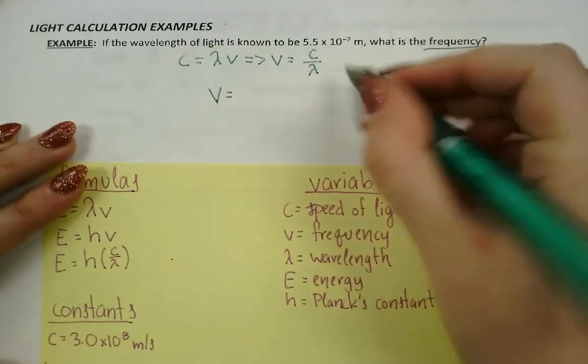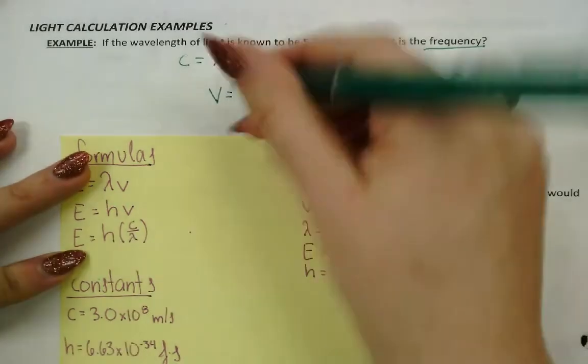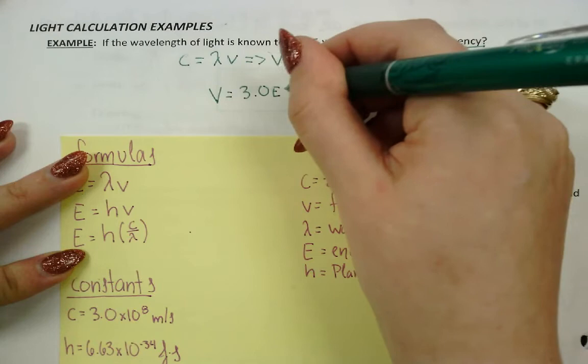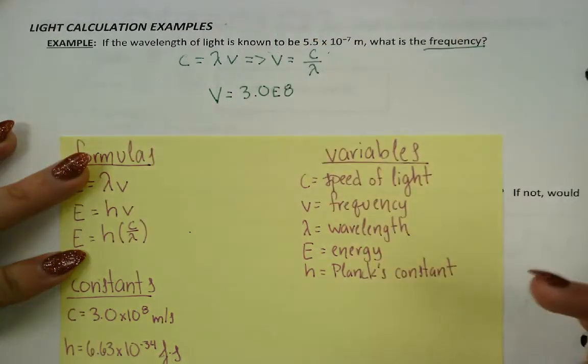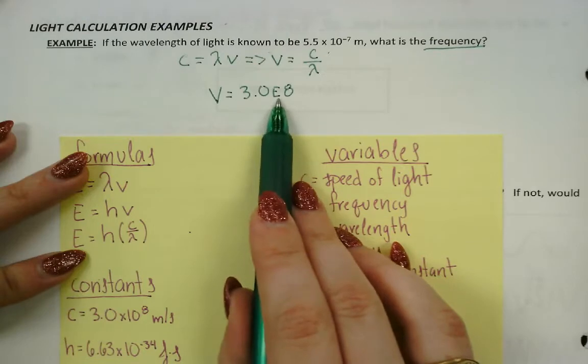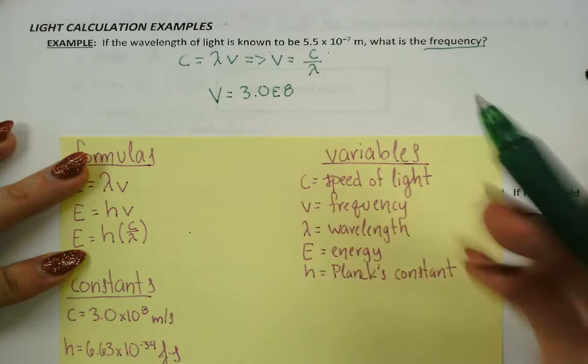When we do that, we'll end up with C, the speed of light, our constant, 3.0 times 10 to the 8th. I almost always represent times 10 with an E. It means the same thing, that's just how I write it.